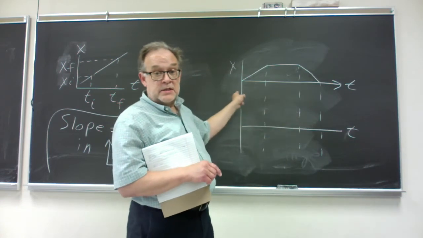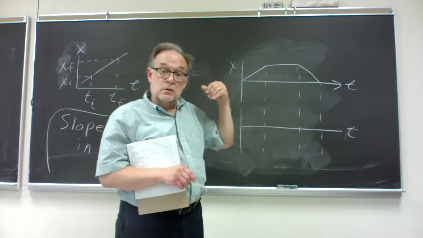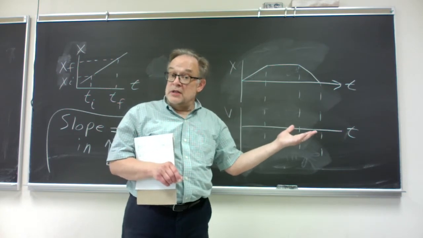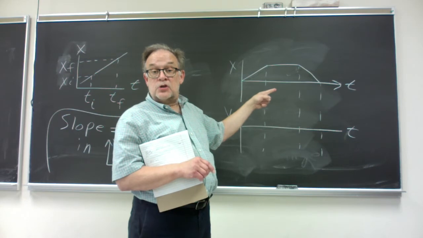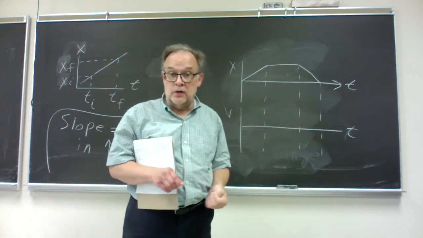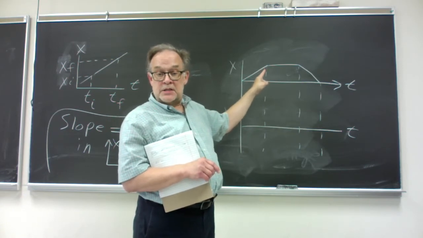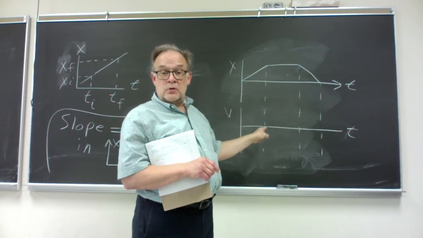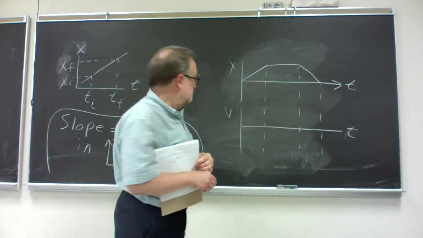So this indicates a positive velocity. Or you could just as easily say, on a graph of position versus time, slope is velocity. Everything you say about slope is also a statement about velocity. Here in this time interval, slope is constant and positive, which means during this time interval, the velocity is constant and positive.